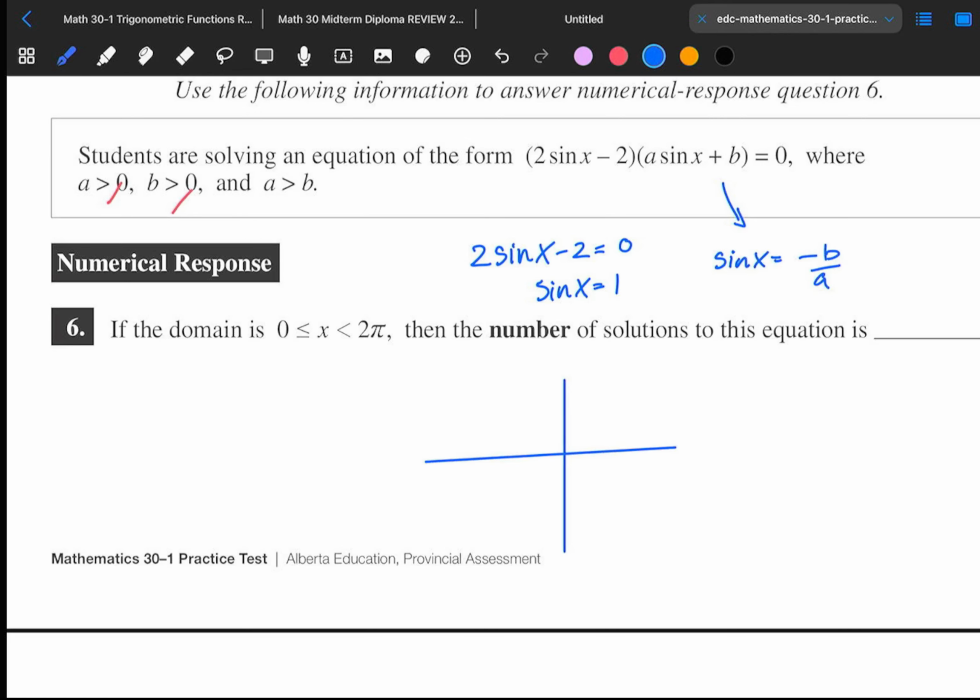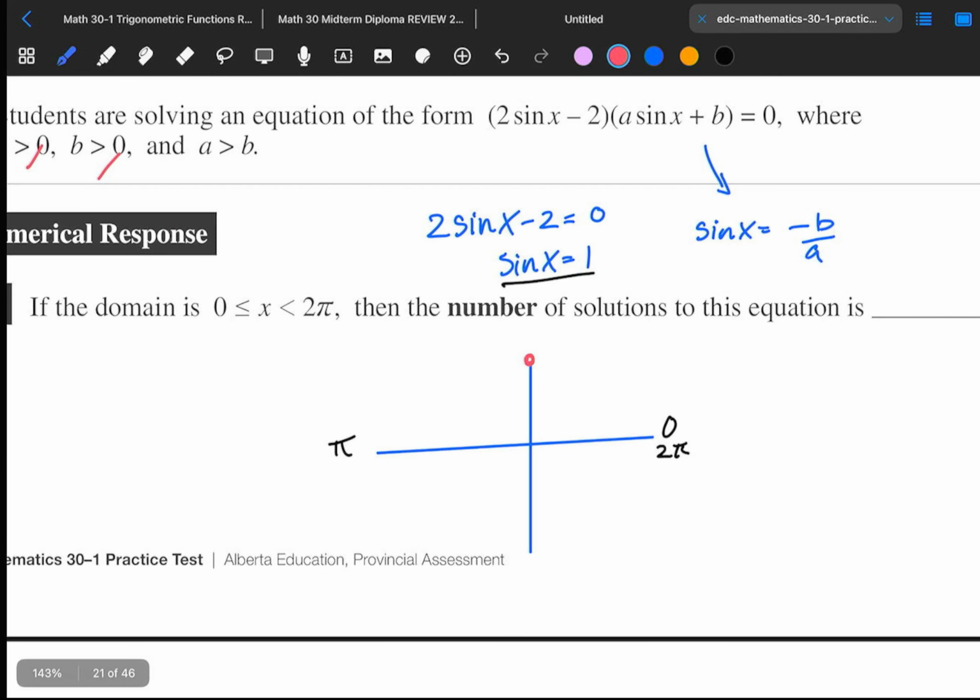Now, this really helps to draw it out because our domain is 0 to 2 pi. So we have 0 all the way to 2 pi, way back around. I just want to think about this. Sine x is equal to 1 in one position because y is equal to sine x, remember? And sine of x, or y, is only equal to 1 when our angle is pi over 2, or coterminal with pi over 2.